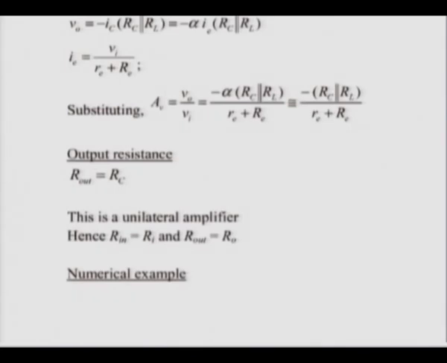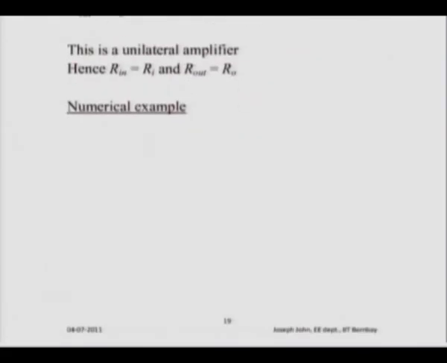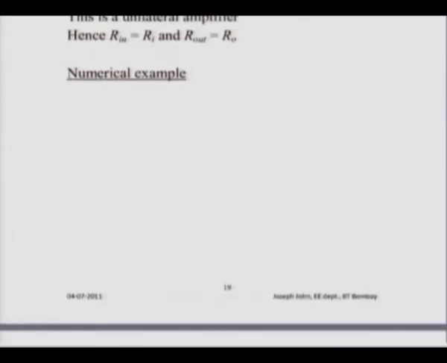Both common emitter amplifiers were unilateral amplifiers, meaning whatever you do at the output does not affect the input. Any variation in the load resistance does not change the input resistance, and any variation in the signal source resistance does not change the output resistance.